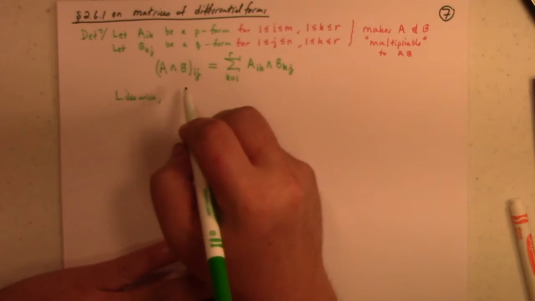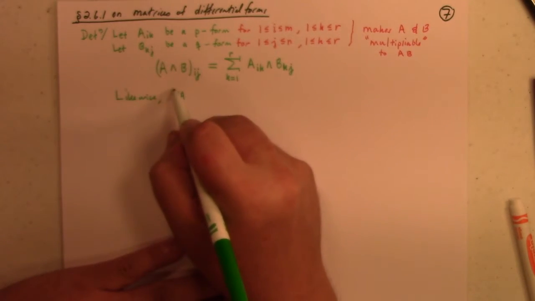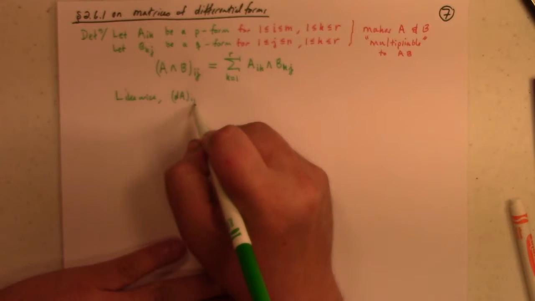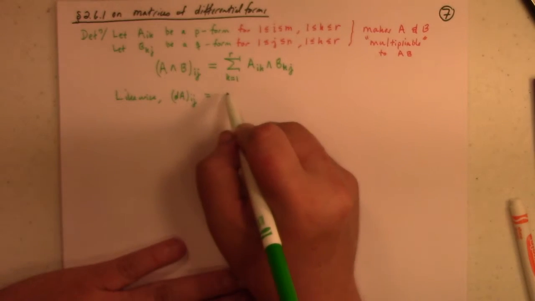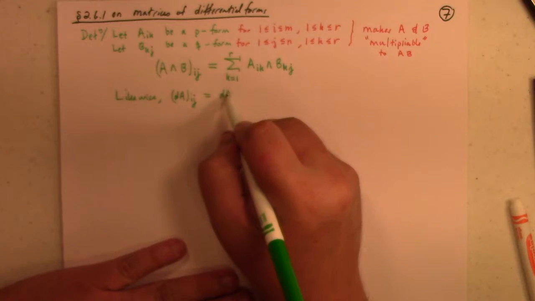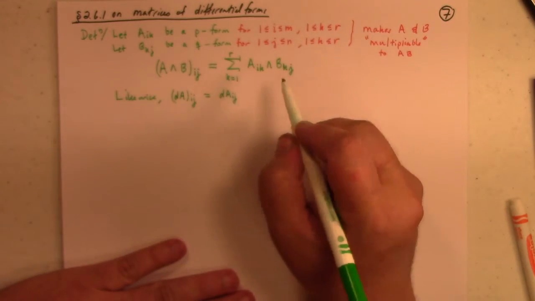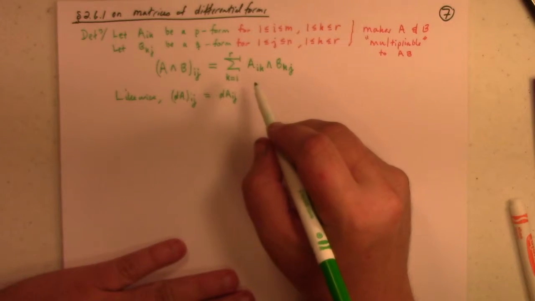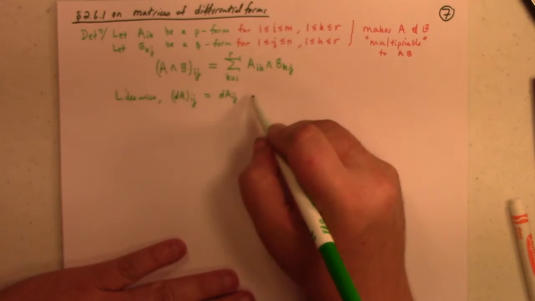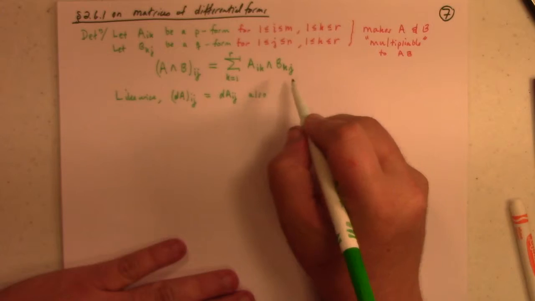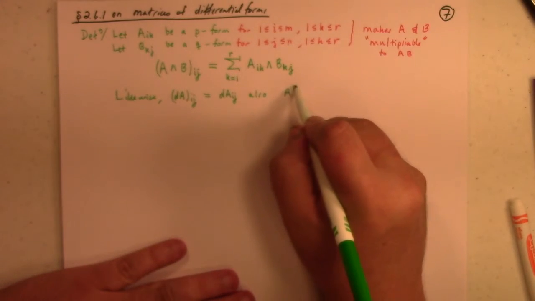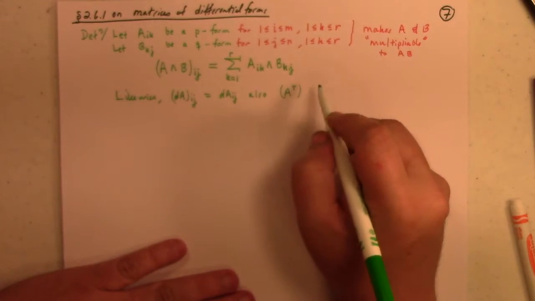Also likewise, we define the exterior derivative of A. That is a new matrix, which is defined by exterior differentiating component-wise. So that's, of course, a matrix of P plus 1 forms. And we also have standard things like A transpose, for example.